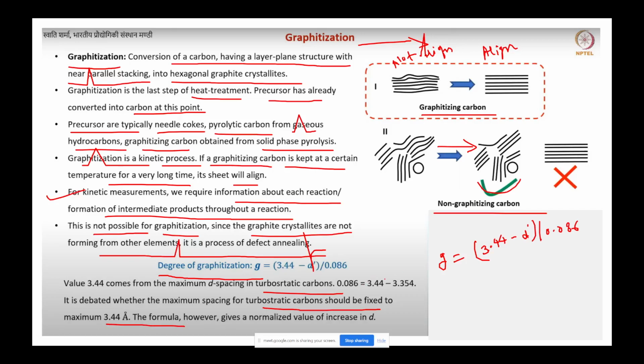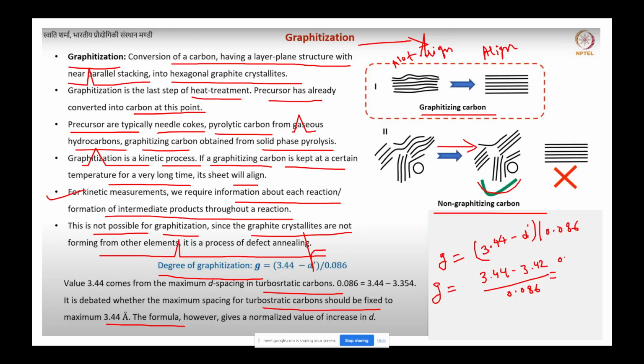Here for graphitizing carbon, let's say your D spacing is 3.42 at a certain temperature. How will you get the graphitization? Suppose 3.44 minus 3.42, divided by 0.086.